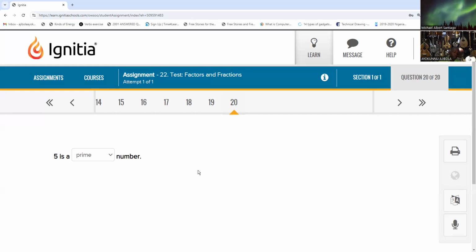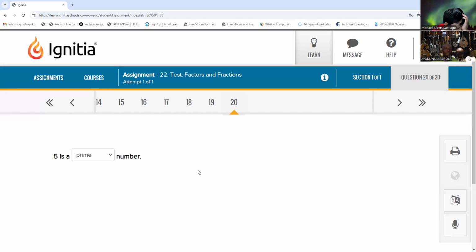So 6 has 4 factors. Prime numbers should have only 2 factors. Are you hearing me? Yes. 4 has 3 factors, which is 1, 2, and 4.